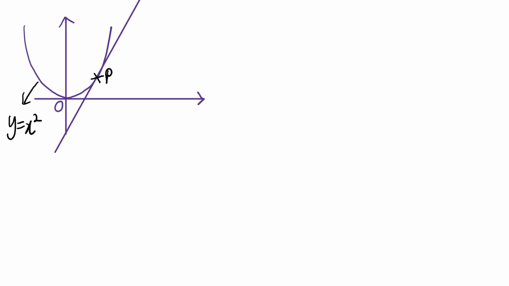We started off with a quadratic curve where the equation is y equals x squared. We have a tangent line and we have a point P. This point P is called the tangent point of contact.